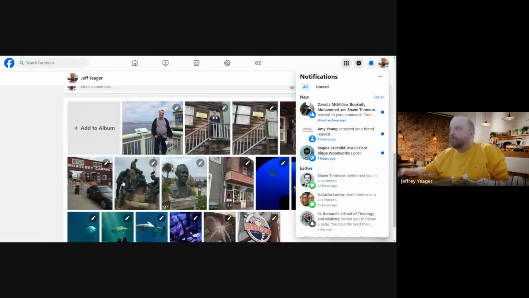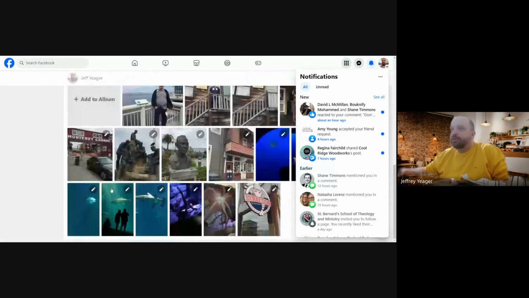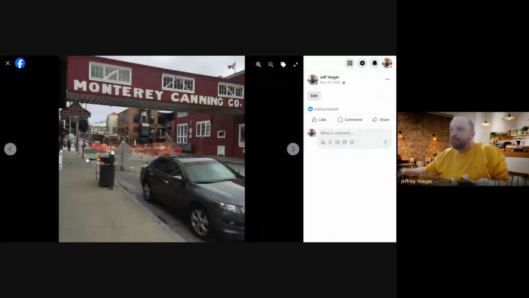Yeah, I just want to show you guys some pictures real quick. These are some pictures at Cannery Row I took a few years ago. Here's a picture of downtown Monterey, so where Cannery Row is.